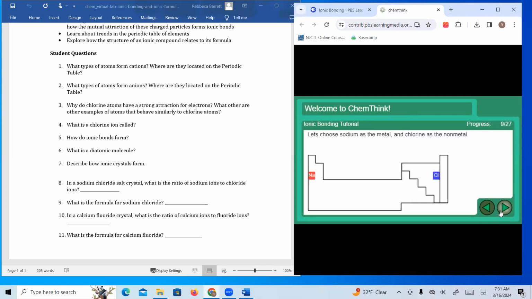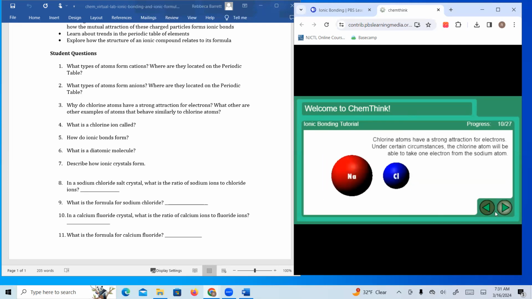How does this work? Let's choose sodium as our metal and chlorine as our nonmetal. Chlorine atoms have a strong attraction for electrons, and under certain circumstances, the chlorine atom would be able to take one electron from the sodium atom. An electron is ripped from the sodium atom, turning it into a positively charged sodium ion. The chlorine atom gains the electron and becomes a negatively charged ion called chloride.